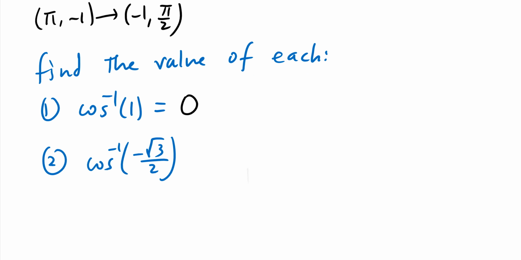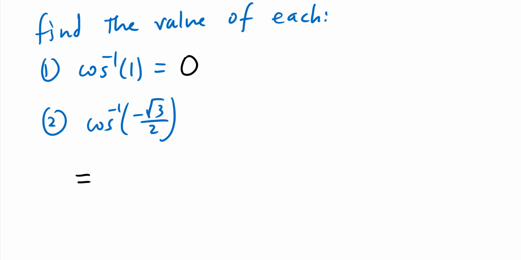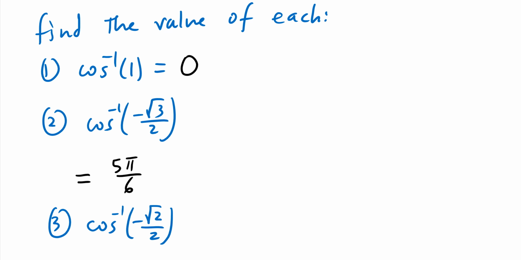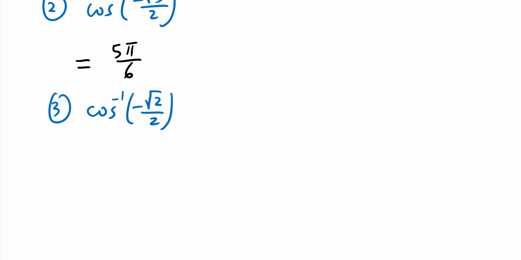What is the first angle you come across whose cosine is -√3/2? That would be 5 pi over 6. All this from the unit circle. Cosine inverse of -√2/2. If you check it, or if you should know it, it's 3 pi over 4.